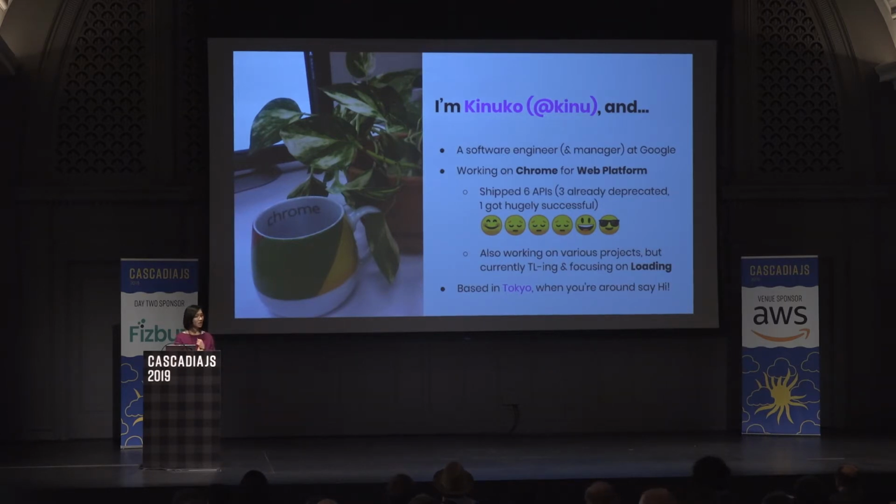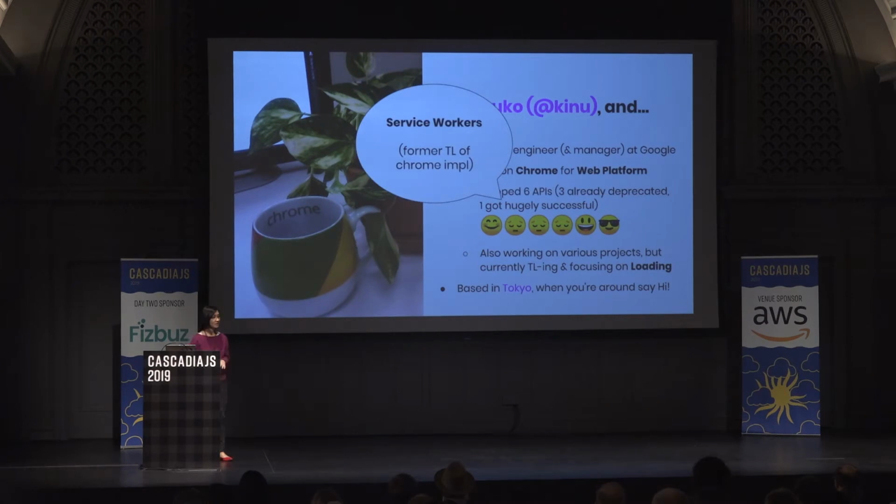I counted how many major APIs I shipped. I think at least 6. But I also found that 3 have already been deprecated. But it happens. One got hugely successful, which is the API service workers. You might have heard of it. I was a tech lead of the Chrome implementation of service workers.